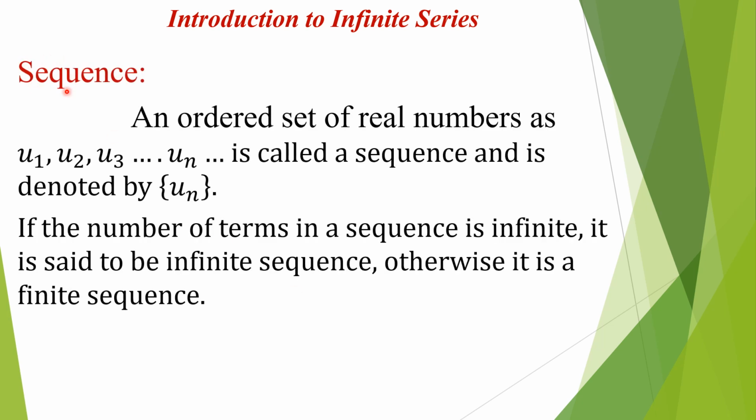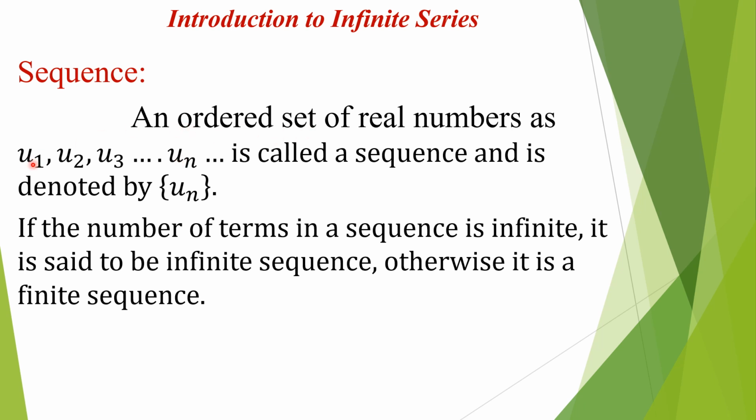First, we'll discuss what is the sequence. An ordered set of real numbers u1, u2, u3, un is called a sequence and is denoted with this notation in parenthesis (un). So this u1, u2, u3, un, these are nothing but our real numbers and it is an ordered set.